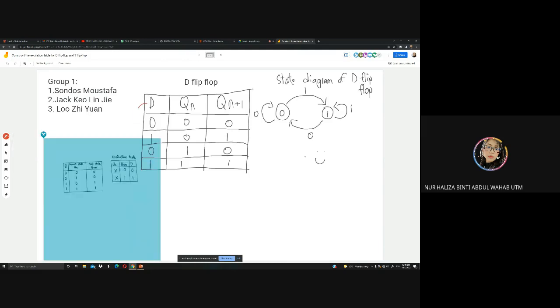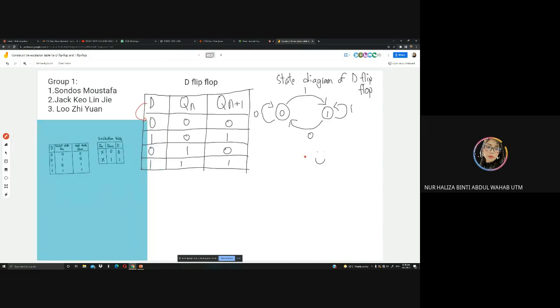If your D is 0 and at that time your present state is 0, your next state will be 0.